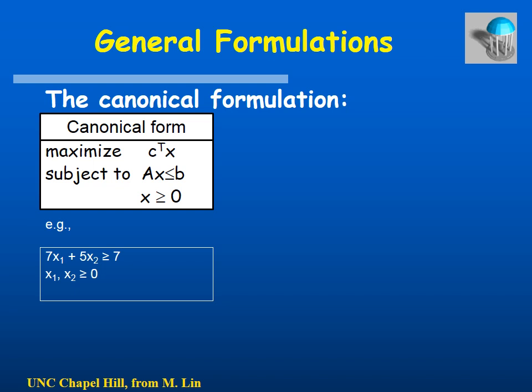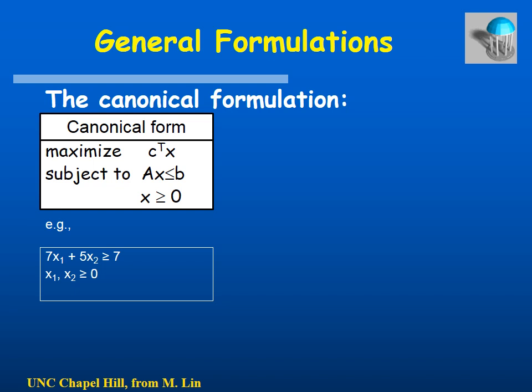It is: maximize c transpose x, subject to constraints that are less than or equal to constraints for the given constraints, and greater than or equal constraints for the x variables, that is to say, the optimization variables.